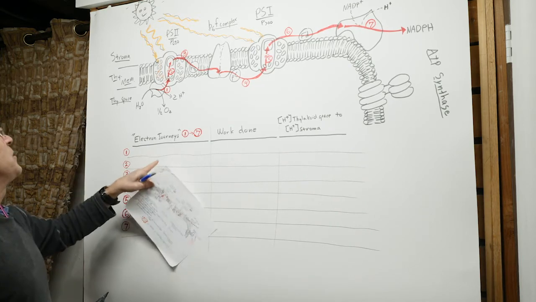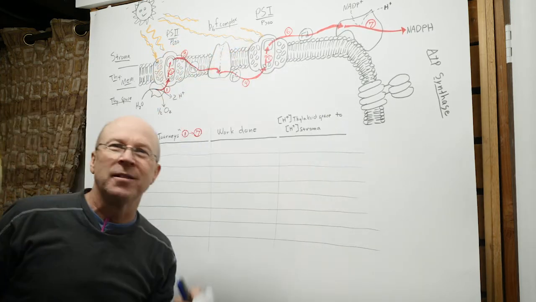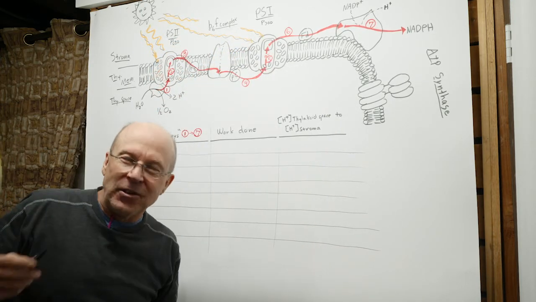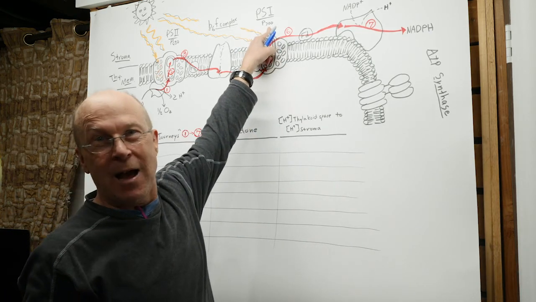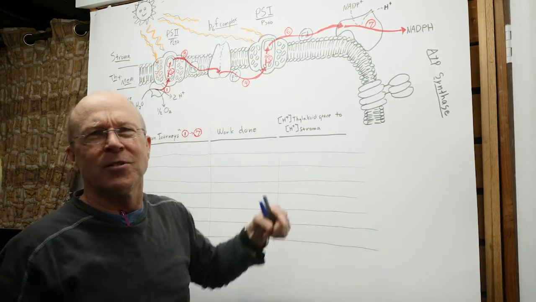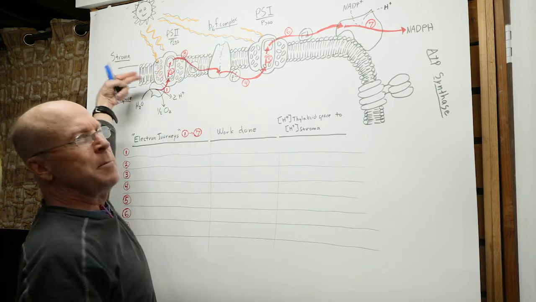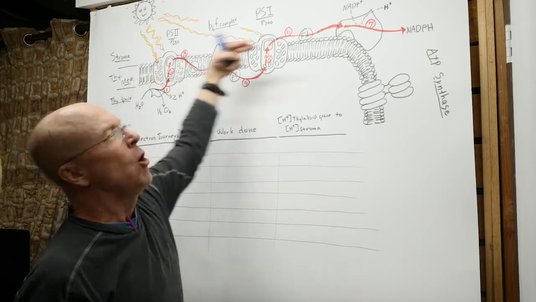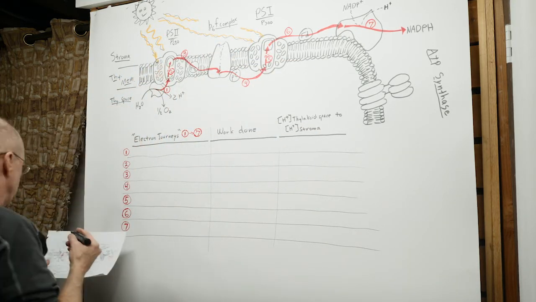Real quick, before I get to this journey, why is PS2 the first one and PS1 the second one? The reason for that is discovery. PS1 was the first described by science, PS2 followed, so it's really an historical kind of record rather than a system that actually makes sense in terms of the flow of the process. So here we go, PS2, P680.